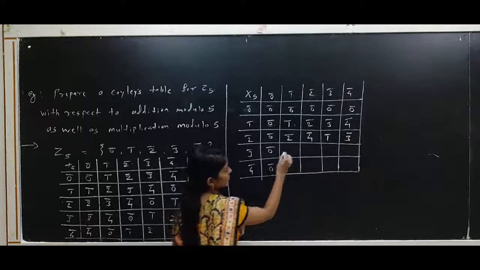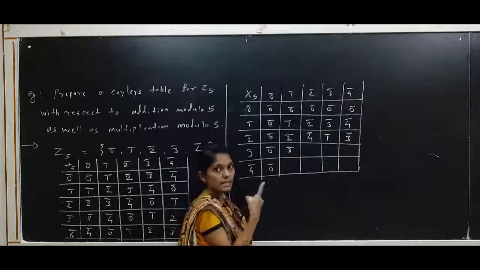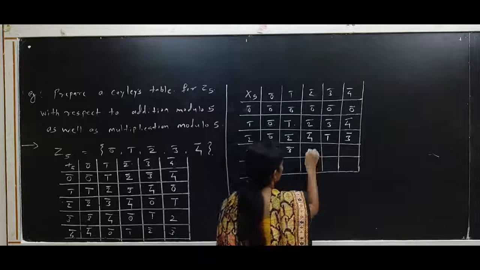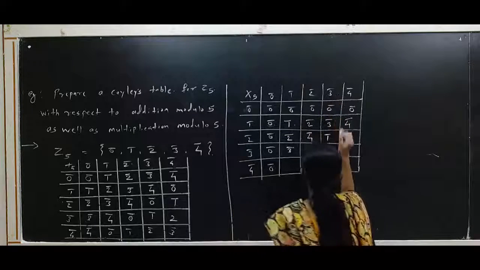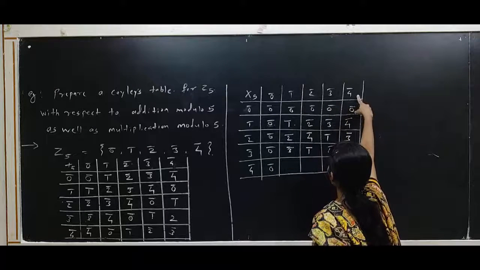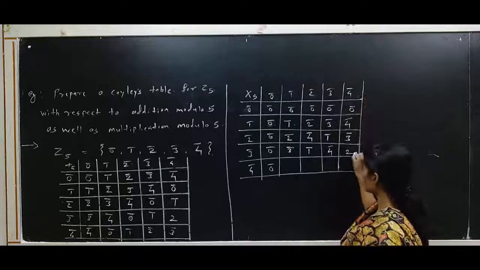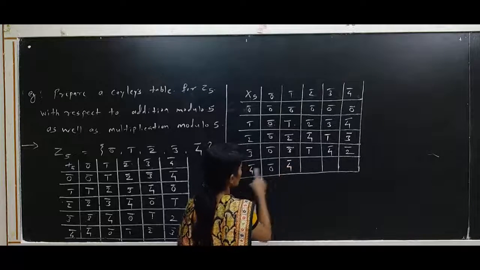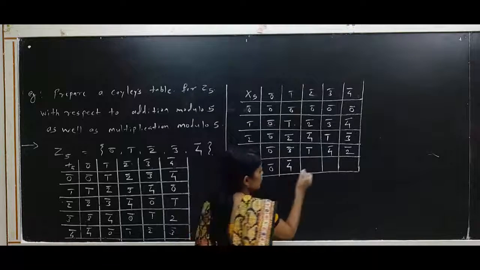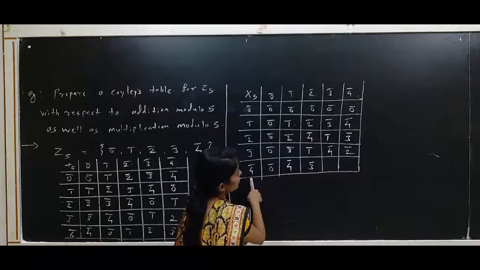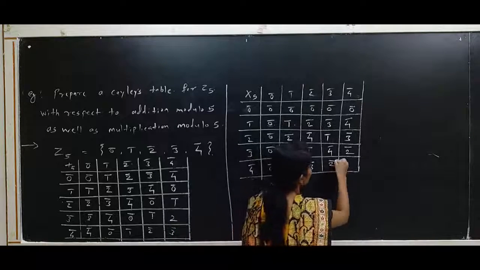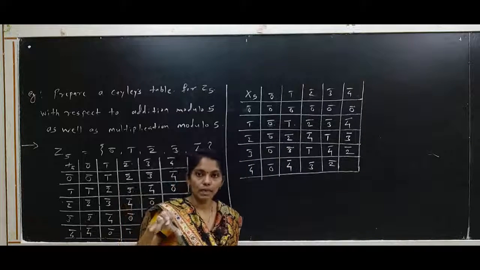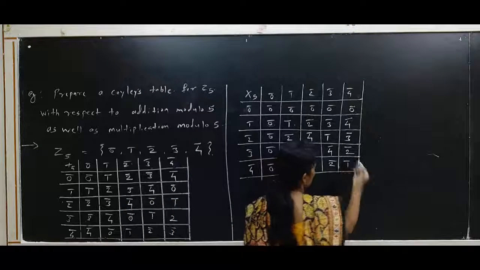Similarly 3 into 1 is 3, 3 into 2 is 6, and 6 modulo 5 we get 1. 3 3s are 9, we get 4, 3 4s are 12, we get 2. Okay, now here 4 into 1 is 4, 4 2s are 8, so modulo 5 we get 3, 4 3s are 12, we get 2, and 4 4s are 16, and if we take modulo 5, then the remainder is 1, so we get 1.